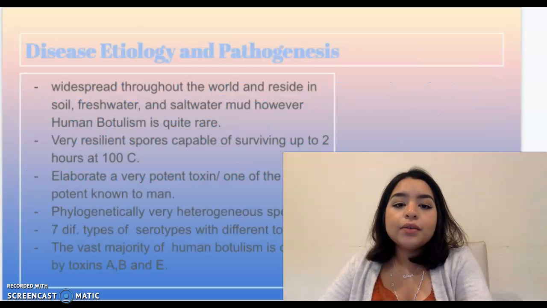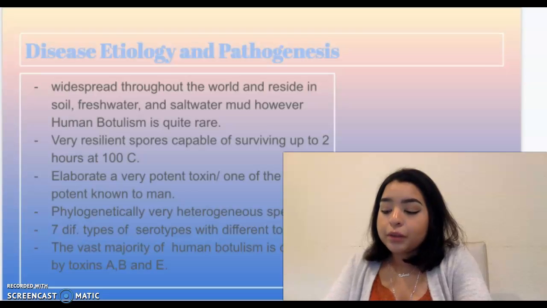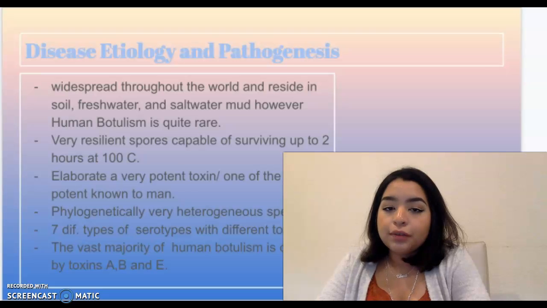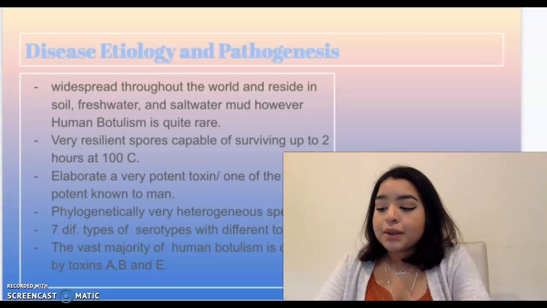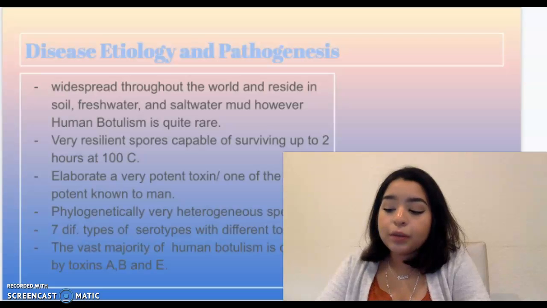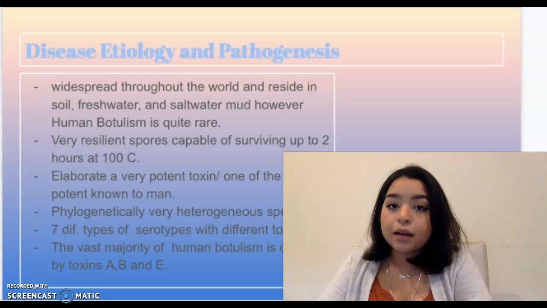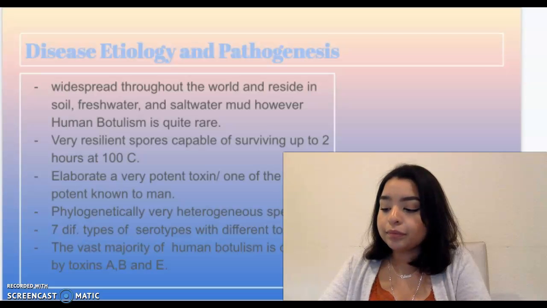To go into a little more depth, Clostridium botulinum spores are quite widespread throughout the world, so you can find them anywhere and everywhere. They reside in soil, freshwater, and saltwater mud. However, human botulism is quite rare. These spores are very resilient and can survive up to 2 hours at 100 Celsius.